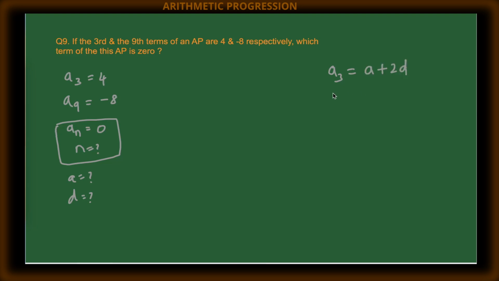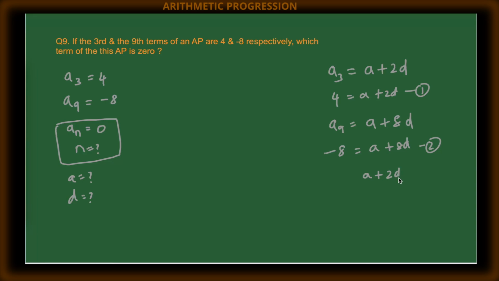So a3 value 4 is equal to a plus 2d, the first equation. Then for a9, it can be represented as a plus n minus 1 into d, where n is 9, so 9 minus 1 is 8d. A9 has the value of minus 8, so a plus 8d is equal to minus 8. This is our second equation. By solving this, we'll get our a and d.